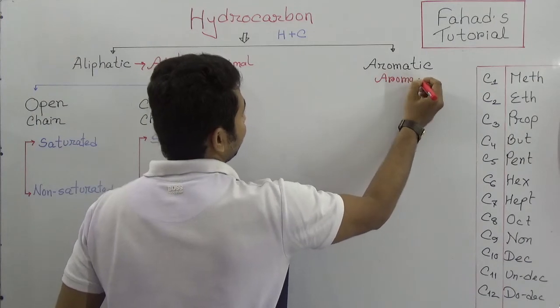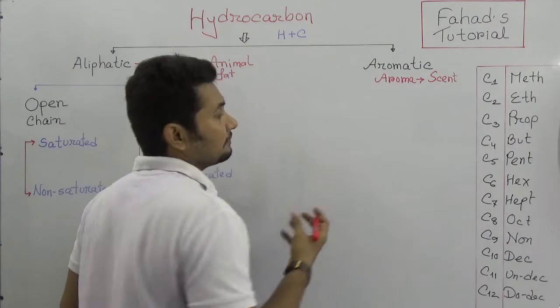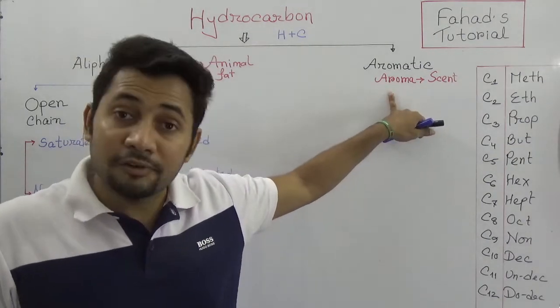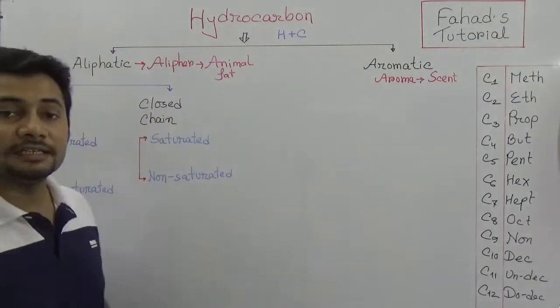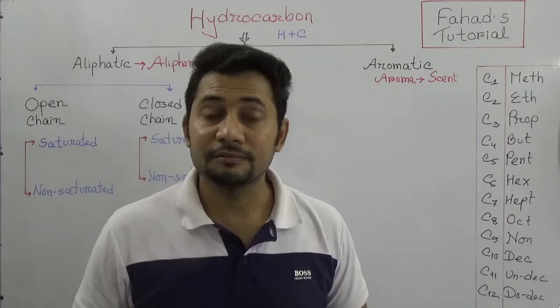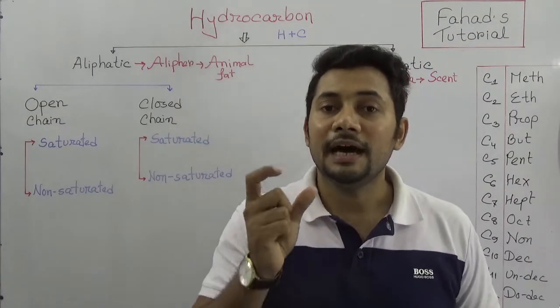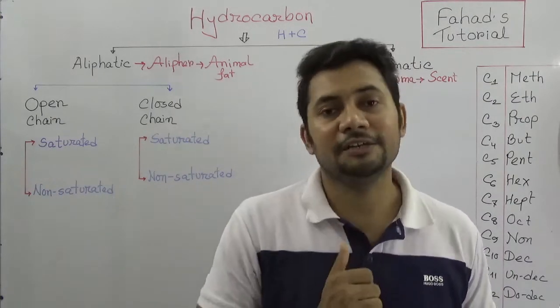Aroma means fragrance or scent, something beautiful smelling. And aliphatic comes from the Greek word aliphar, which means animal fat. So simply we know that hydrocarbon is of two types, aliphatic hydrocarbon and aromatic hydrocarbon.